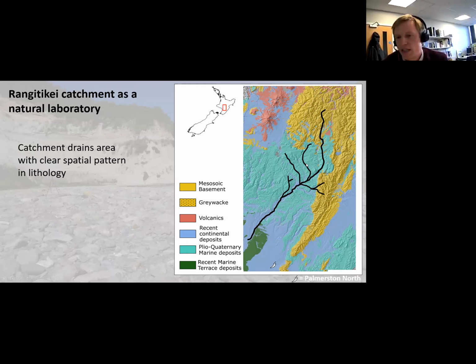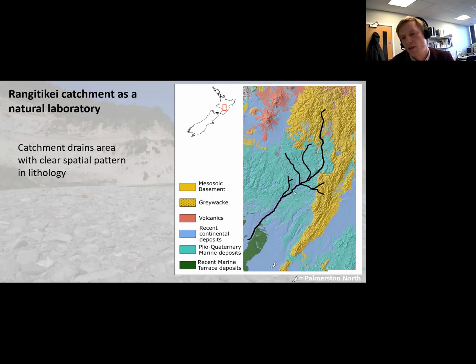And what's really interesting is a number of these tributaries which drain in from the east, the headwaters tap into this greywacke material, which supplies basically hard pieces of gravel as bedload into the river system, which then flows through the mudstones and the sandstones, which is really quite weak, and then down to the coast.